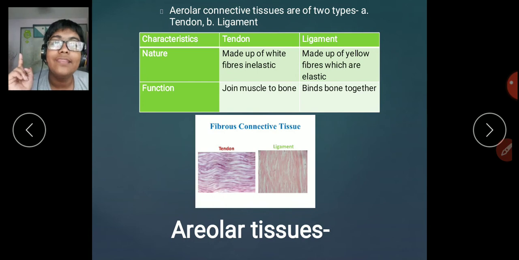Whereas the ligaments are made up of yellow fibers and they are elastic. They are not stiff, they are elastic. The function of tendons is that they join the muscle to the bone. Whereas the function of ligament is that it binds the bone to the bone only. It binds bones together.